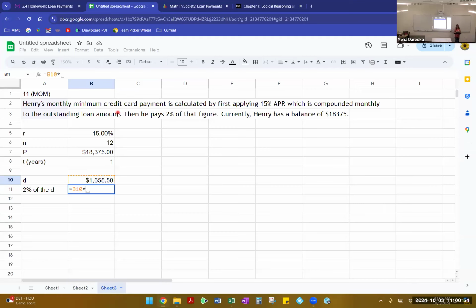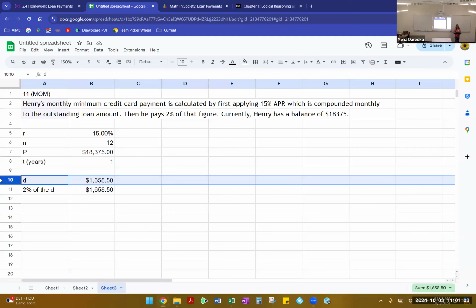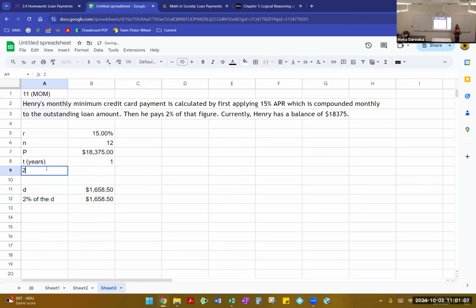So you can either do that here, or if you wanted to create a separate 2% line, you can do that also. So 2% of the payment, you can create that 2% like we did with the 15%, and then you can click on that cell.